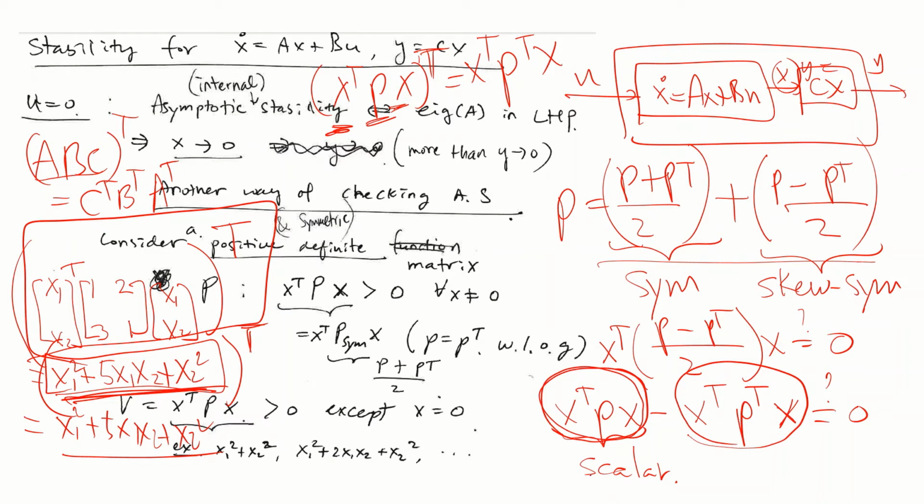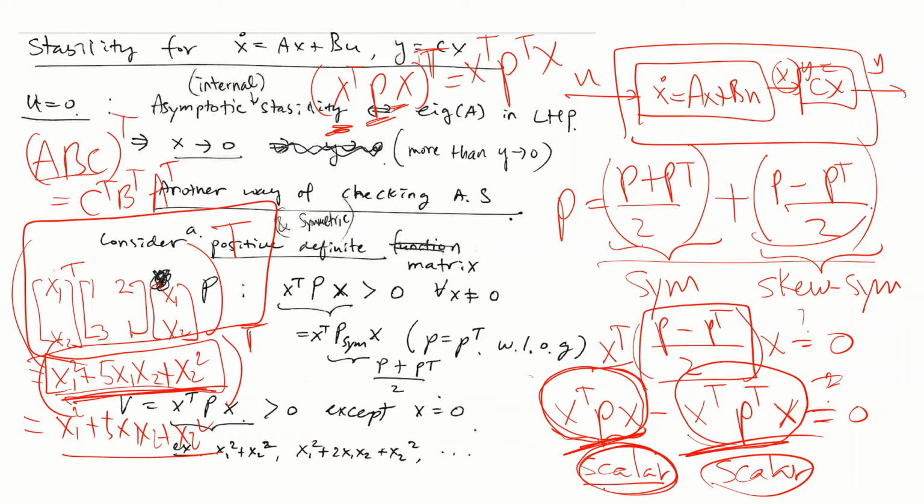But this is a scalar, so the transpose of a scalar should be the same scalar. These two must be the same quantities. So x transpose times the skew symmetric part of P times x is always 0, and what is left is only the symmetric part.